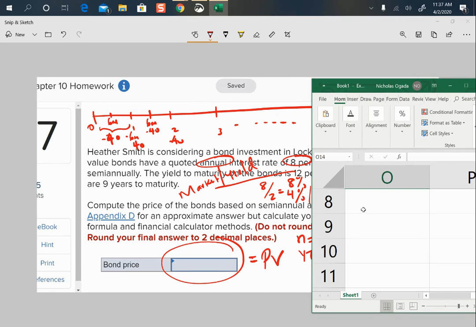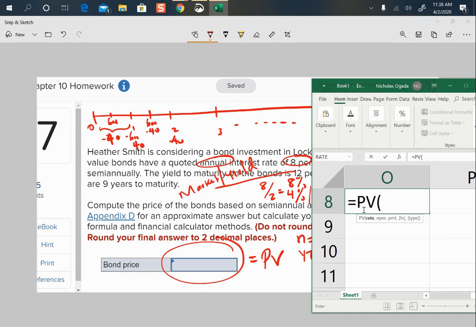So we know that we are looking for the present value of all those future cash flows. That's how we determine the price of the bond. So the present value of the future cash flows, again keeping in mind we only use the quoted rate, the stated rate, or the nominal rate, which is the 8% and 4% per period here, to determine our interest payments.